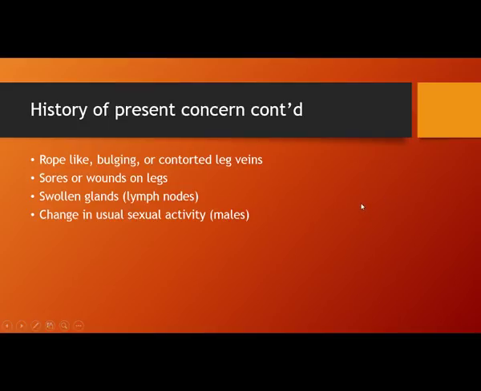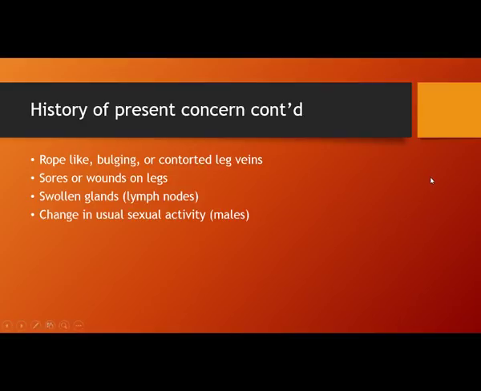Or in the case of males, sometimes a vascular problem can manifest as a change in their usual pattern of sexual activity. You think, why on earth? Well, the penis is peripheral circulation, so if you have a problem with circulation, usually the peripheral circulation is going to be the first to be sacrificed: toes, fingers, and the penis.